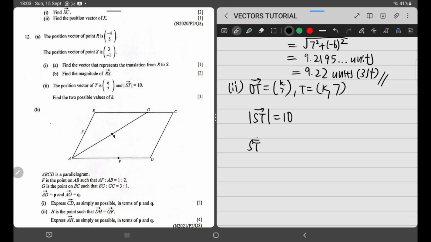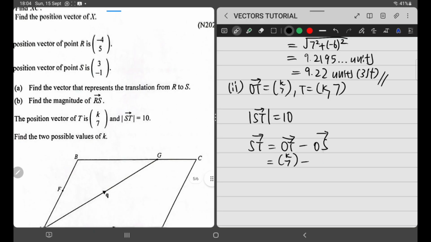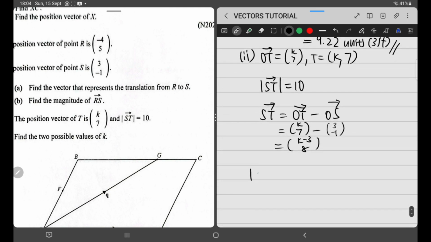We know that ST equals OT minus OS. So you have (k, 7), and then OS, the question gives us, is (3, -1). So that means we end up with (k minus 3, 8). So when you find the length of ST, you essentially find the length of this vector.